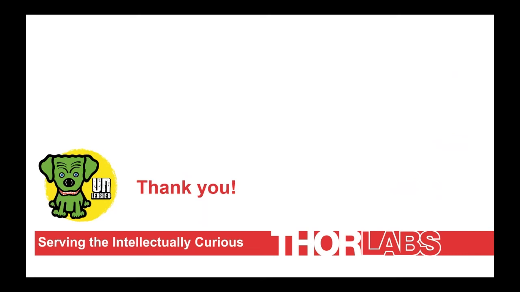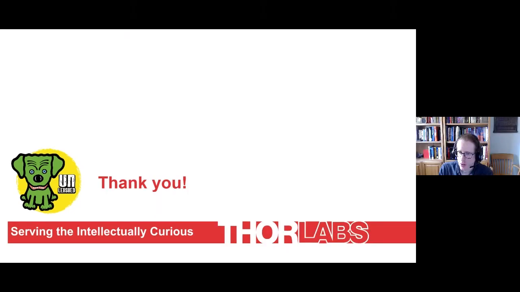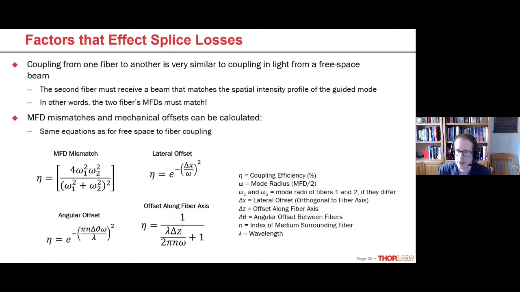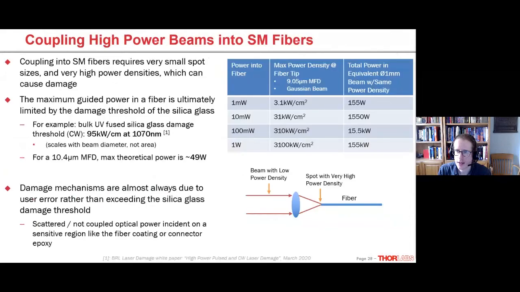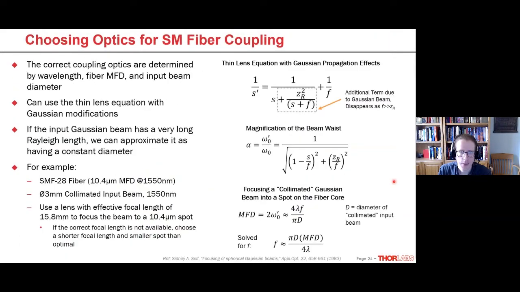Okay, first one just came in. Do the lens equations for matching the MFD for coupling still apply if using a doublet lens instead of a singlet? Yeah, so they still apply in the sense that we're trying to get a Gaussian beam waist that matches the fiber's mode field diameter. A doublet lens is going to have a certain effective focal length. And so if I back up to that slide, yeah, you can still use this equation.